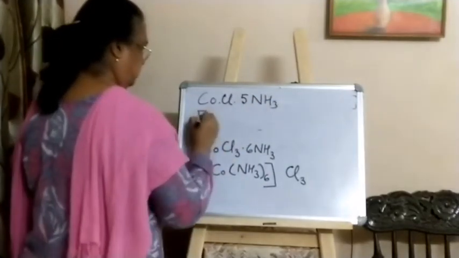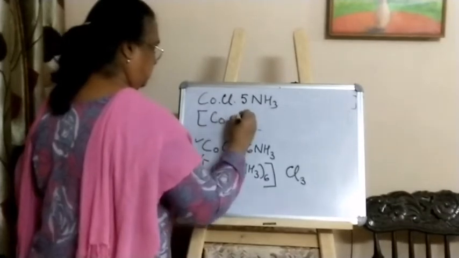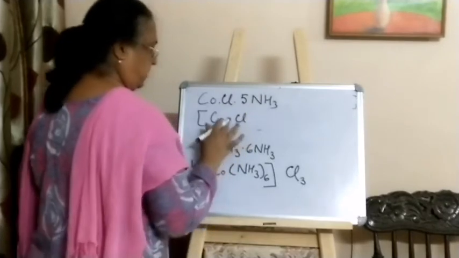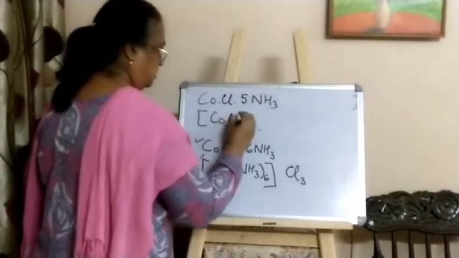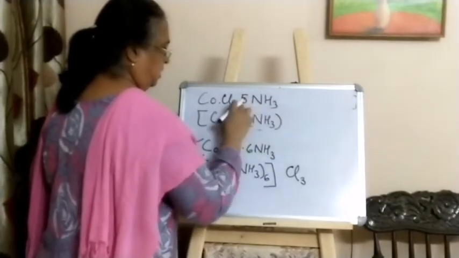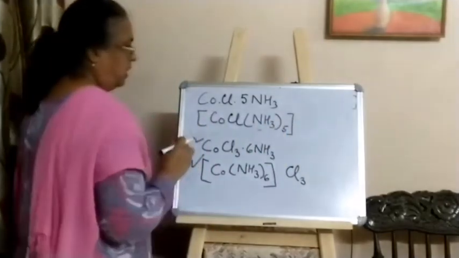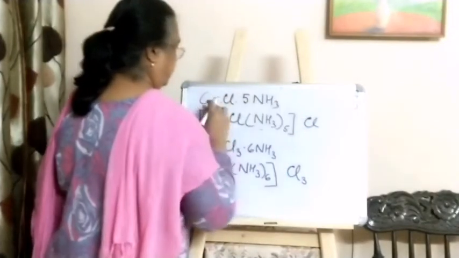So modern theory: cobalt and Cl, no dot, this will not even be in a small bracket because it is monoatomic, so we'll write it quite close, and NH3 polyatomic, coordination number at the base, bracket close, and we have 2 chloride ions here.